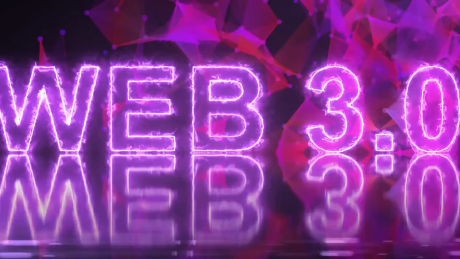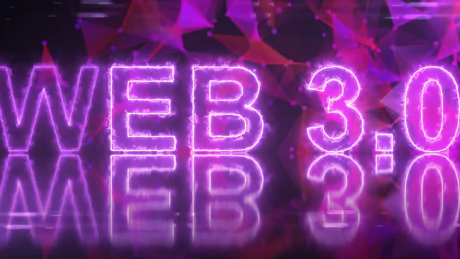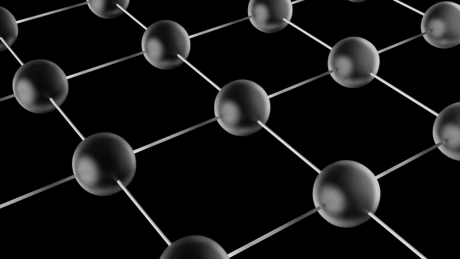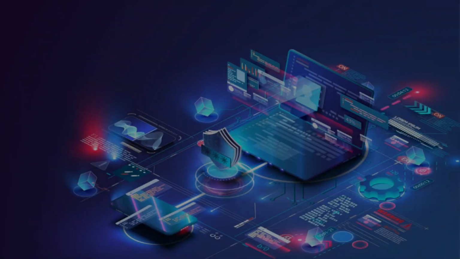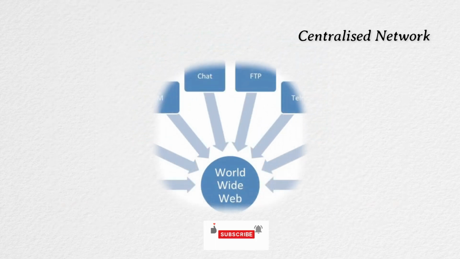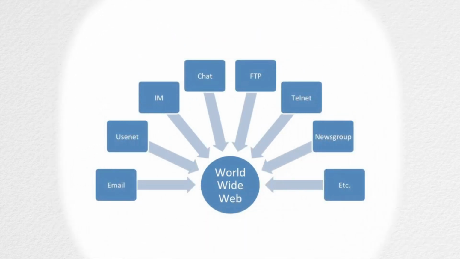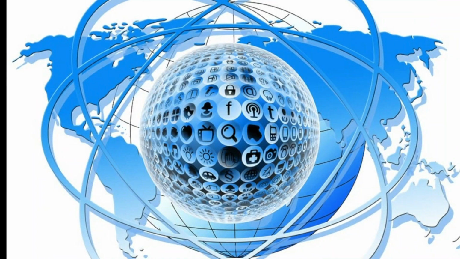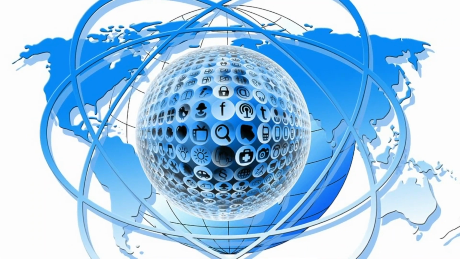Web 3.0 is the future evolution of the internet using blockchain technologies, decentralization, and artificial intelligence. With Web 3.0, you have more flexibility over your data on the internet, making use of decentralized networks and blockchain technology. Websites become more resilient and less prone to downtime or hacking.